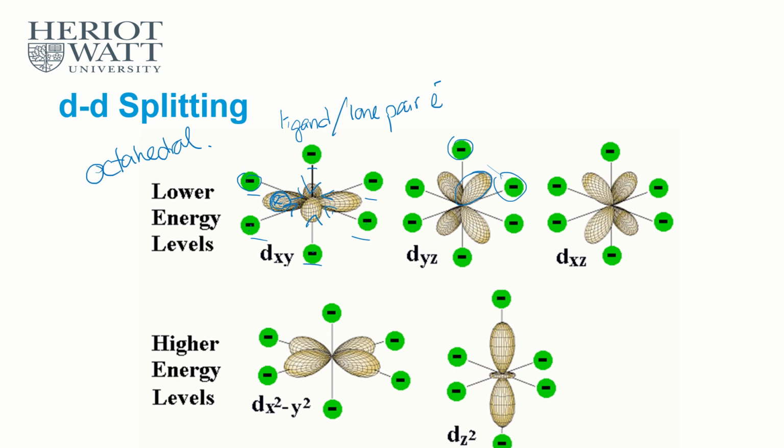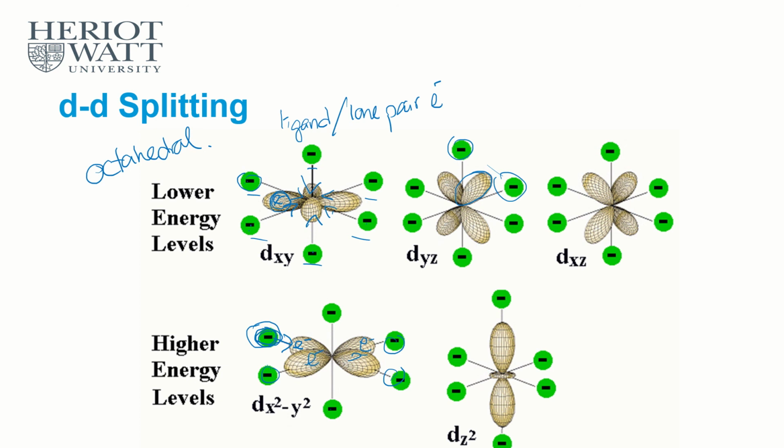If you look at the high energy level here, dx square y square and dz square, the ligands coming in from here go directly head-on with the orbitals because they are lying on the axis. So the electrons from the orbitals will have repulsions with the lone pair from the ligand. Same goes for this, this, and this.